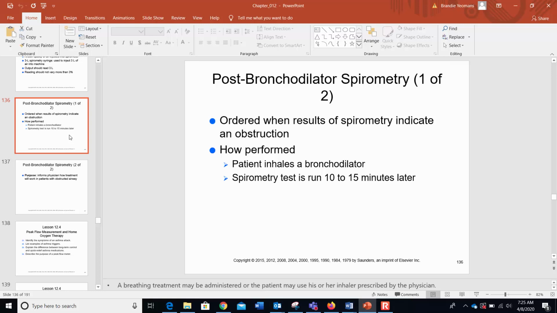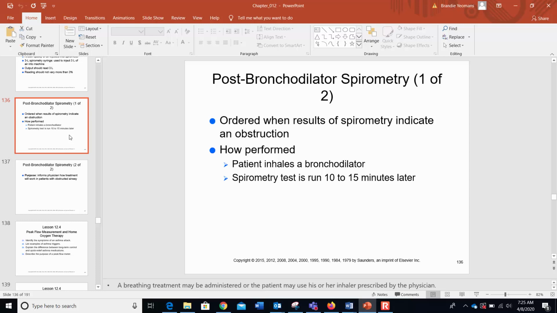It's a good idea to do it every day, even if you don't have anyone planned coming in to do spirometry. That way, if they come in and your doctor says, okay, do a spirometry test, you're not holding them up. You can just go ahead and do your spirometry testing. All right, sometimes your physician will say, I want them to use this bronchodilator, and then I want you to do a spirometry test after that.